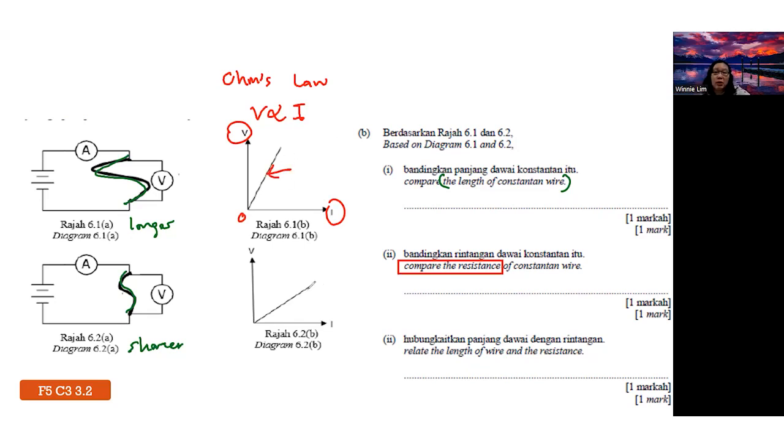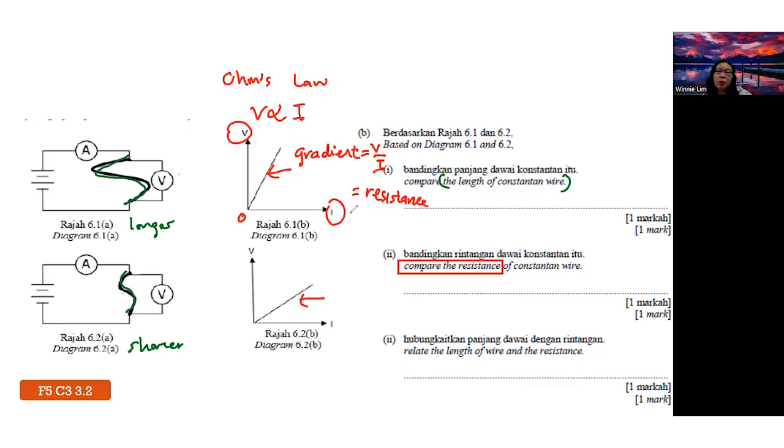And what does the gradient of the graph represent? Gradient is V over I, y over x. Therefore, this V over I is equivalent to resistance.